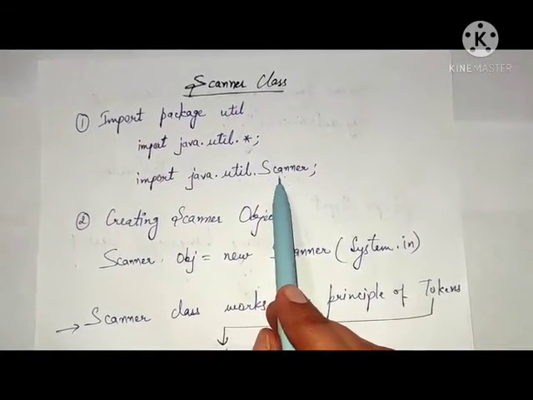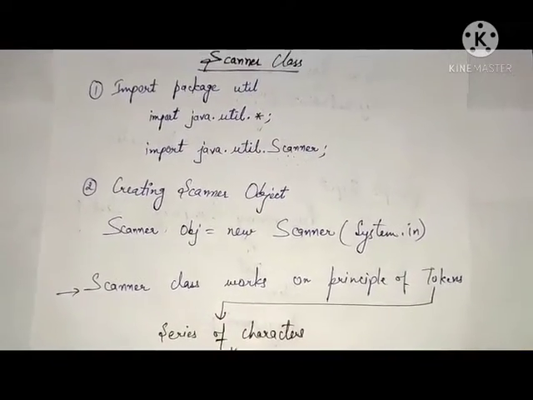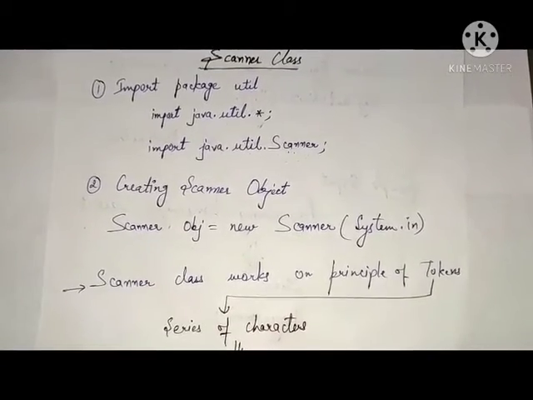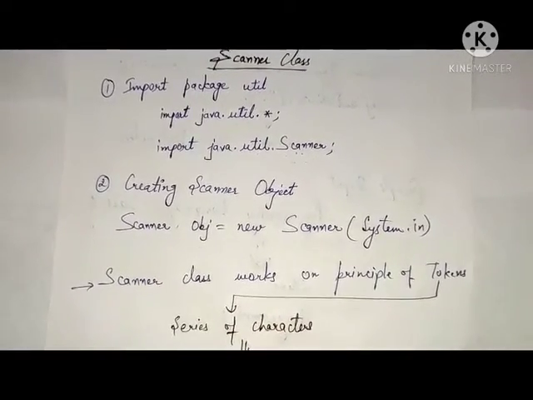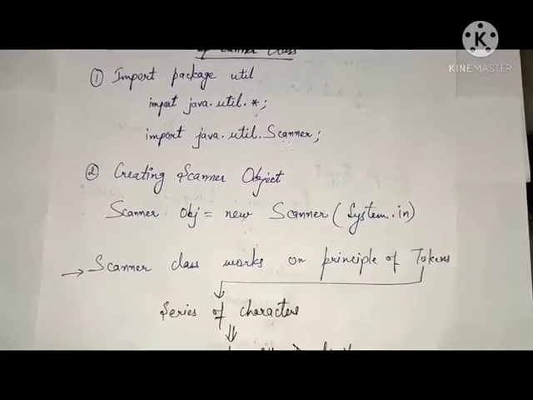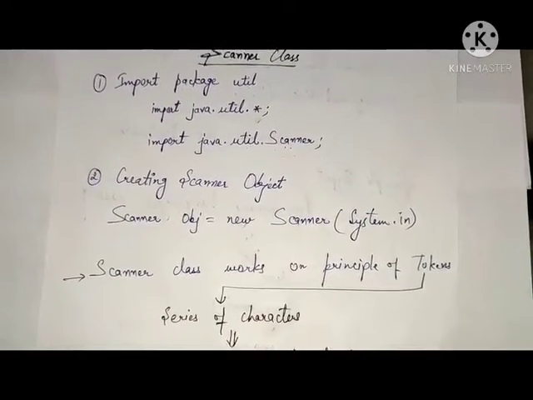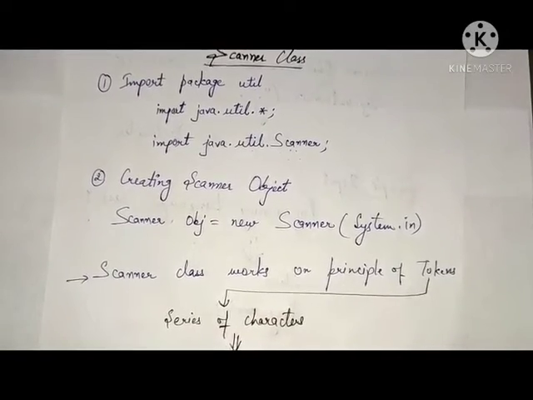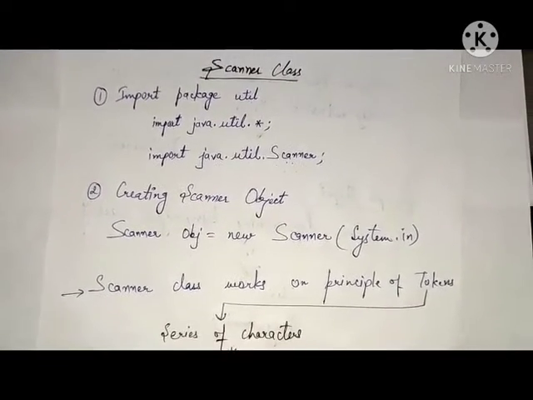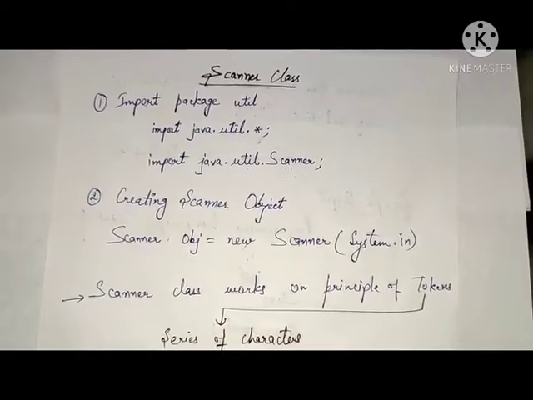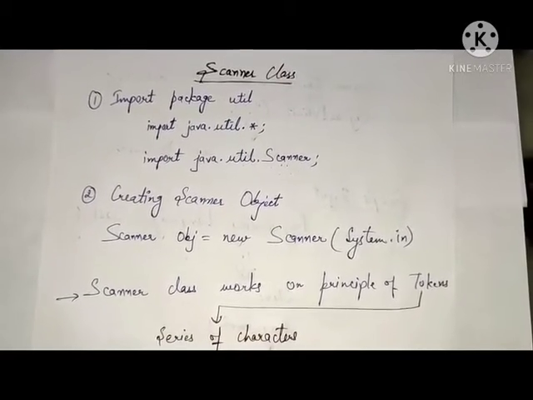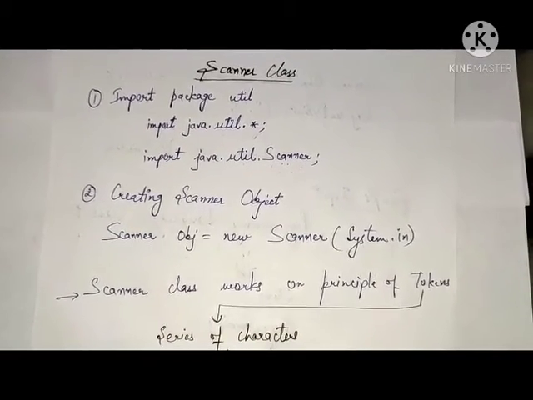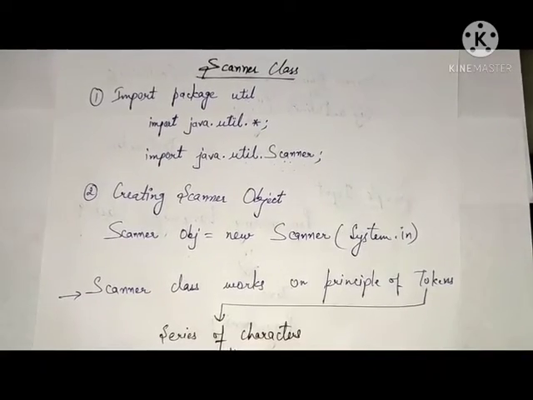Students, before using the scanner class, let me make one thing clear to you. You have to use JDK 1.5 or the latest versions, or BlueJ version 2.5 or more. Before that version, the scanner class cannot be used because it's a latest development in Java.